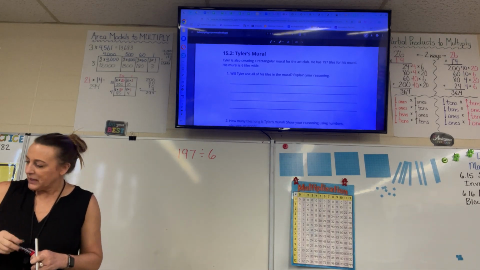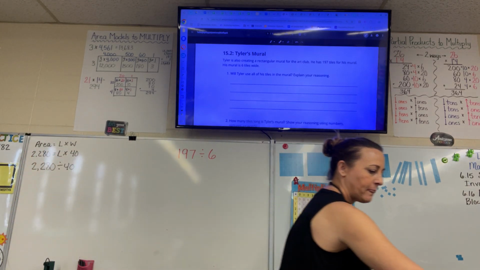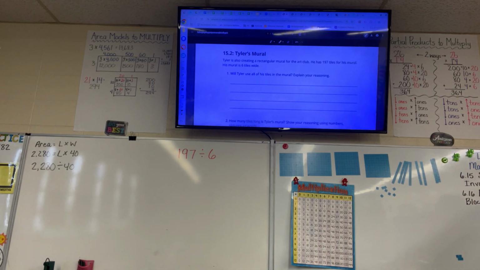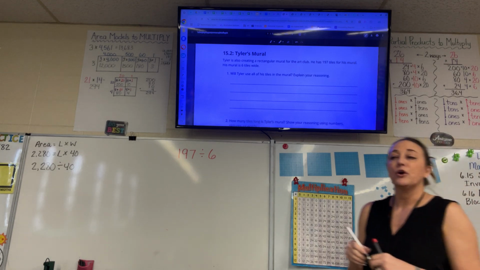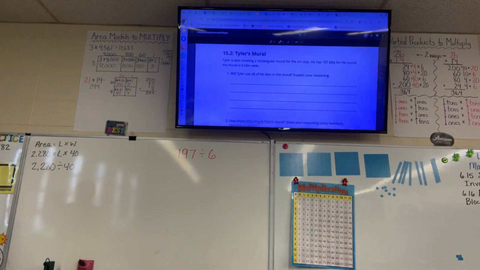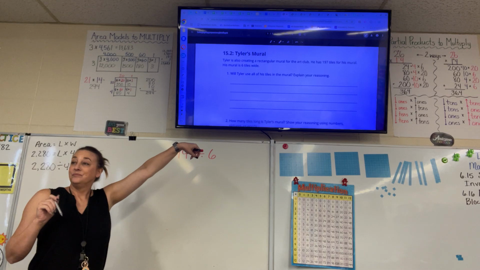Pull out your multiplication table. Look at the 6th row. What do you notice about every single number on that row? They're all even, aren't they? Yes. Is 197 even?